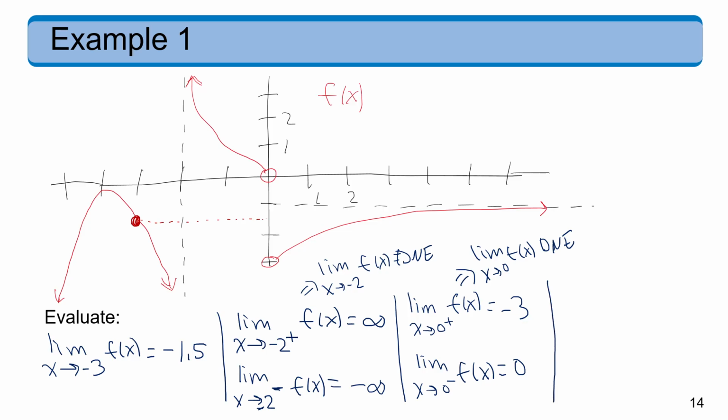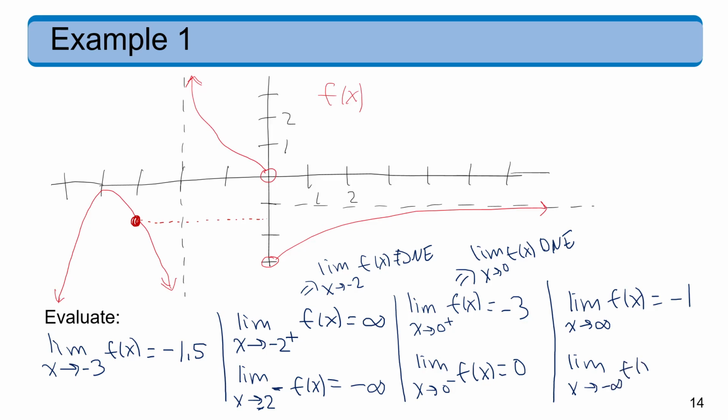And then let's do two more. Limit as x approaches infinity. So that means we're letting x get infinitely large off to the right. And if you follow along the curve, notice the y values are leveling off at a y coordinate of -1. Okay, so that limit is -1. Now let's do the limit as x approaches negative infinity.